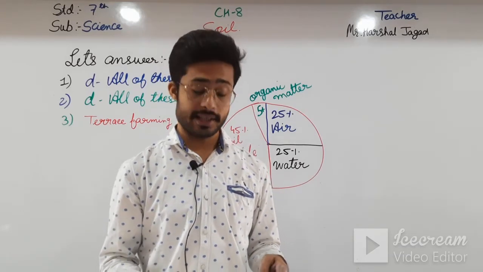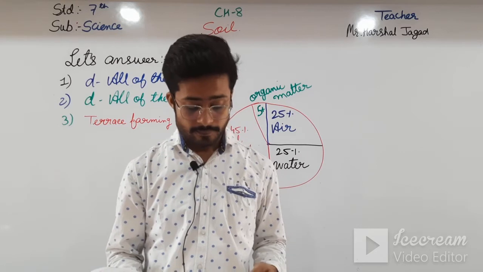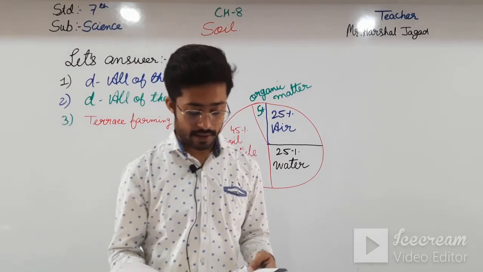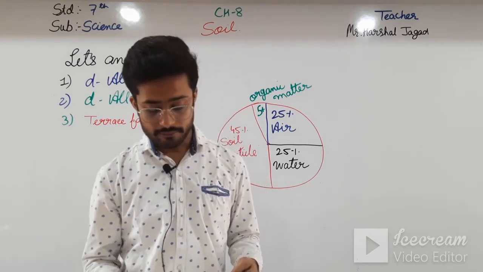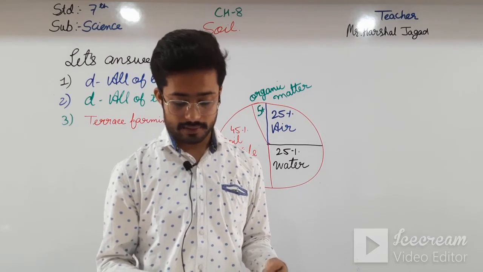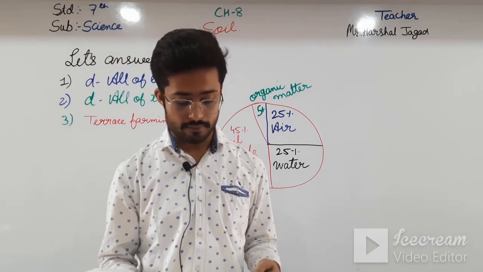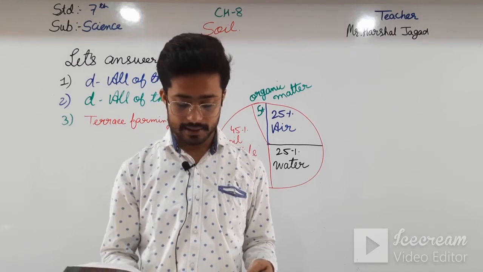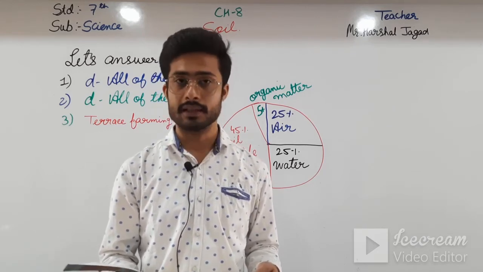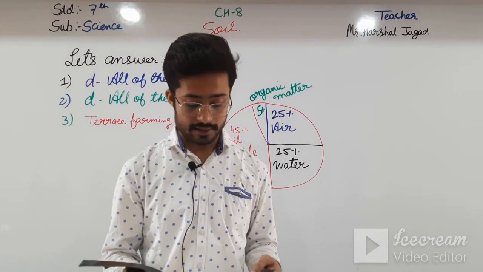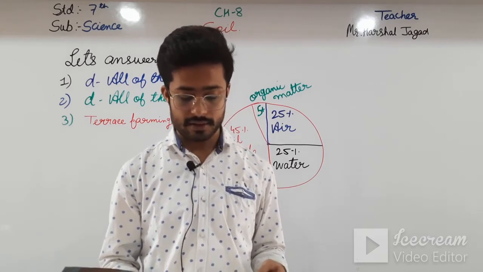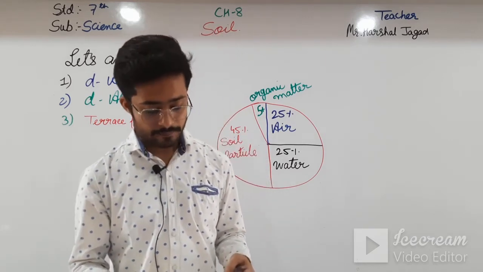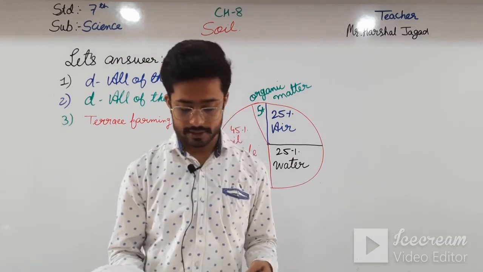Then comes moisture in soil. So, if you take a little soil in a bowl and heat it, you will find tiny droplets of water condensing near the mouth of the bowl. When soil is heated, water present is changed into water vapor, which cools and condenses as water droplets on the mouth of the test tube, and water is present in the form of moisture in the soil.